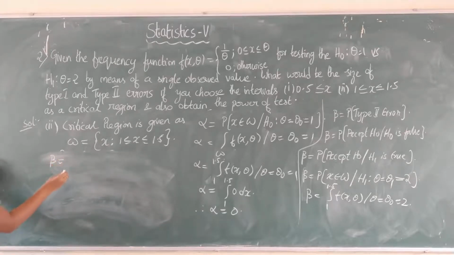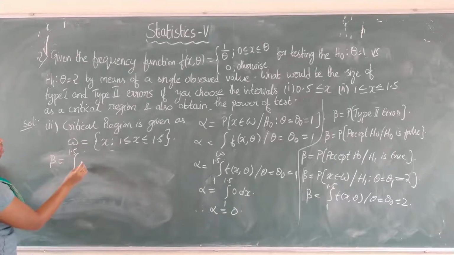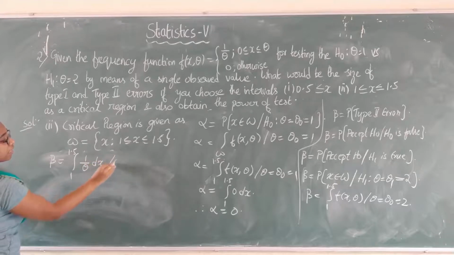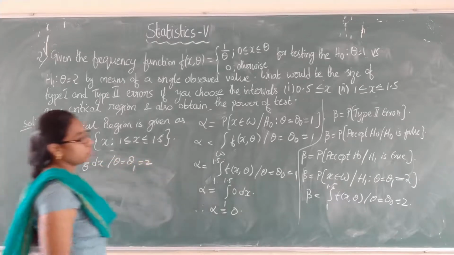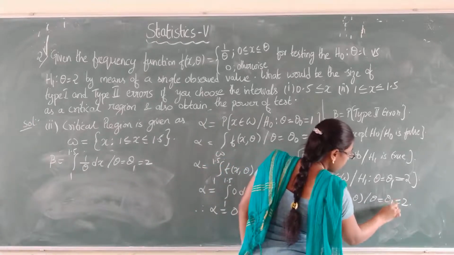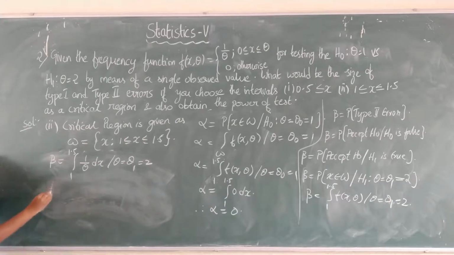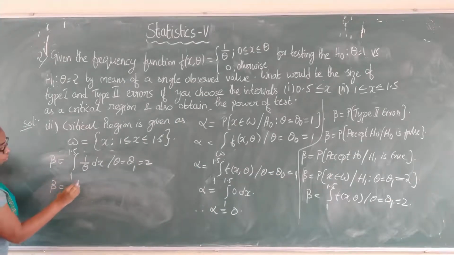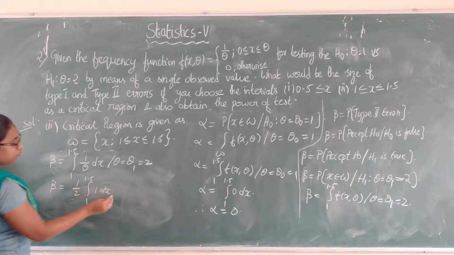So beta equals to integral over 1 to 1.5. What is f of x? 1 by theta dx, and theta equals to theta 1 equals to 2. Substitute the theta 1 value. Beta equals to 1 by 2 integral over 1 to 1.5, 1 dx. We have substituted theta value, right?